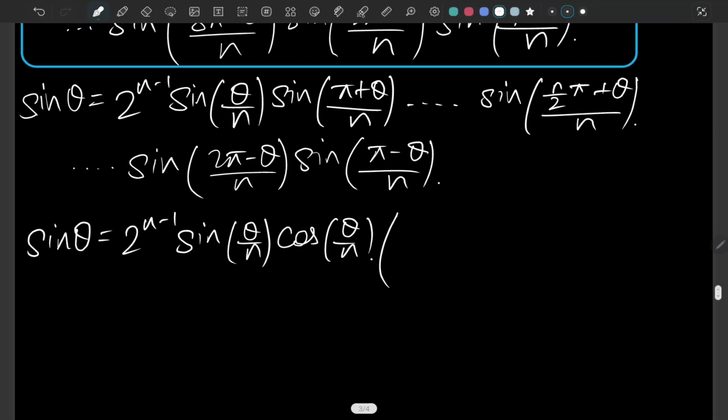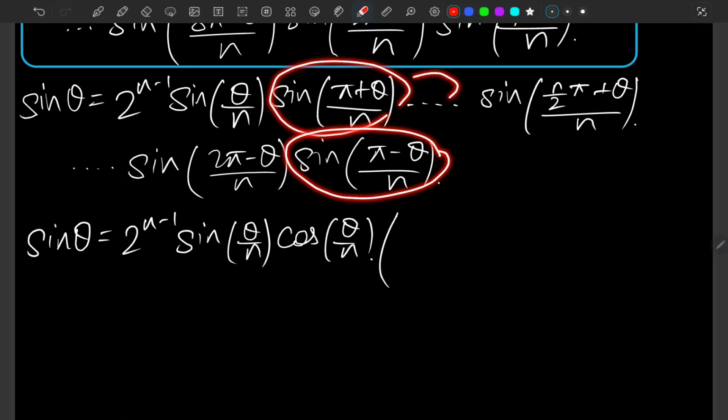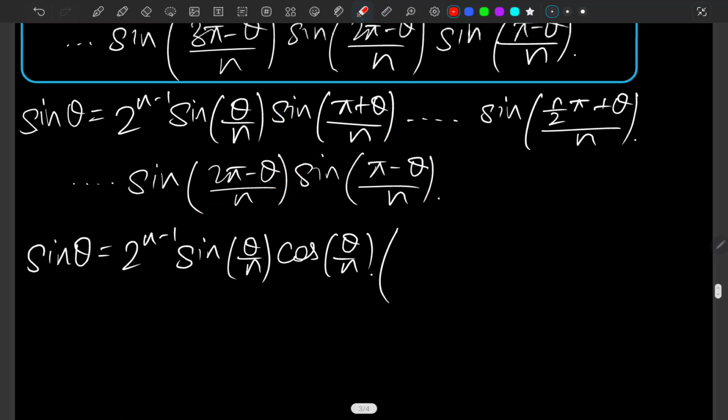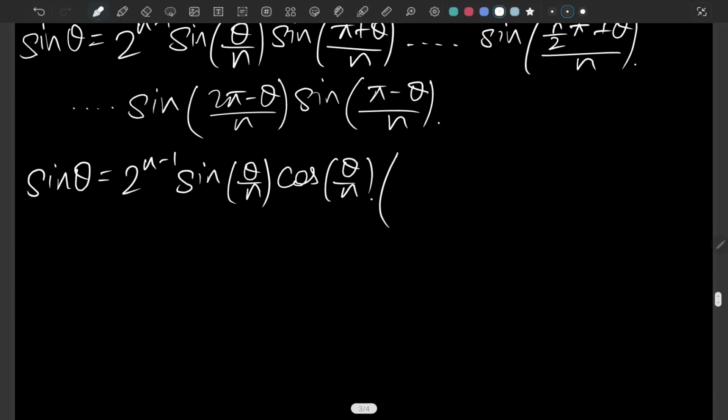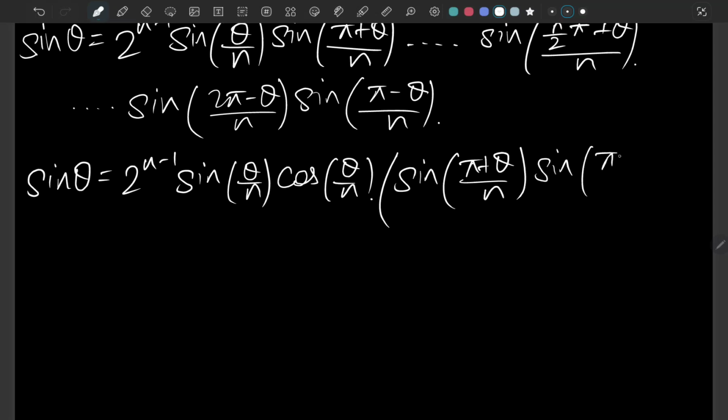Next, we are going to combine some terms like this one with the very last one, and we would have sine of 2 pi plus theta over n here. So we are going to combine this with this one here. Let's do that, because again we are going to use a property of trigonometry. So it's sine of pi plus theta over n times sine of pi minus theta over n.